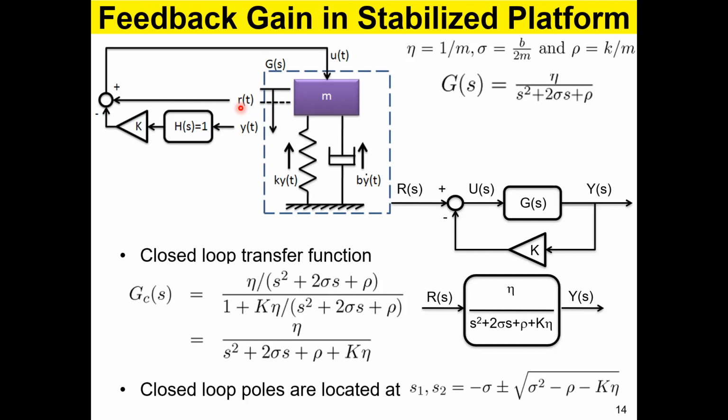So this is designing the control system around an existing plant or device. The open loop plant G(s) is already known, eta over s squared plus 2 sigma s plus rho. This is what we have already derived, and we have already derived the closed loop transfer function also.